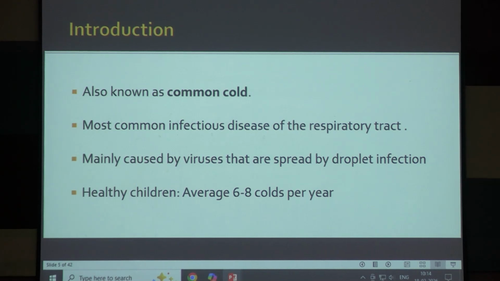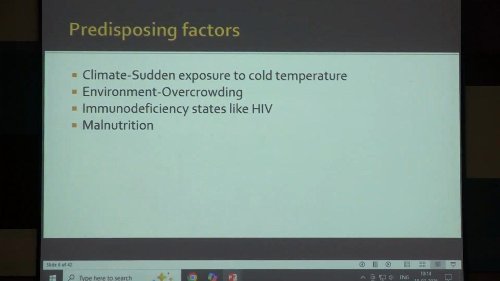I will tell later what viruses are responsible. Viruses that are spread by droplet infection, and healthy children suffer from around 6 to 8 episodes of common cold every year.